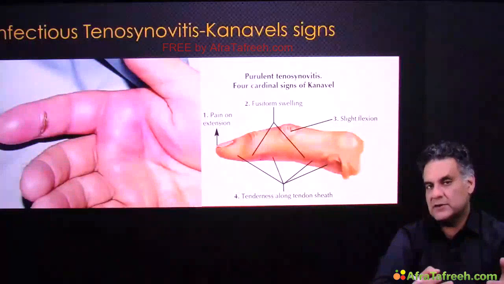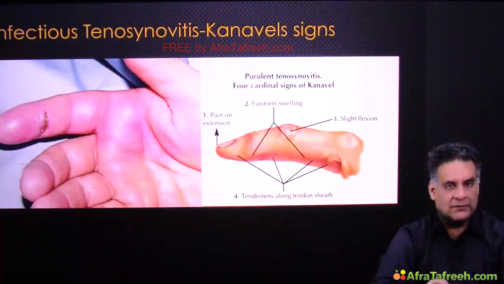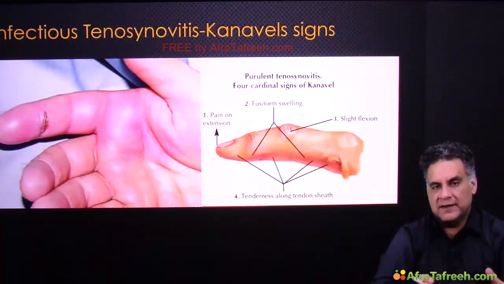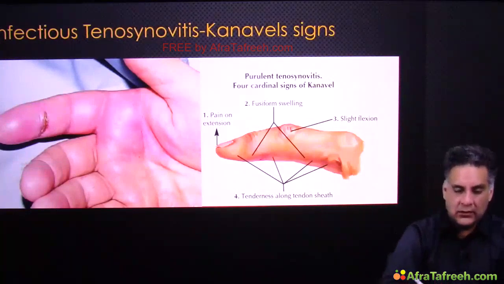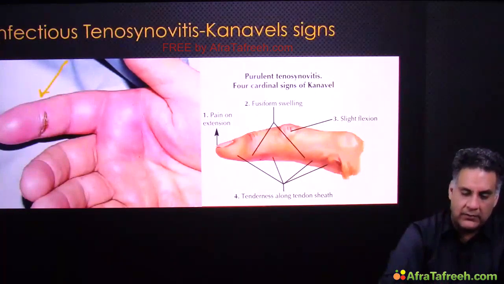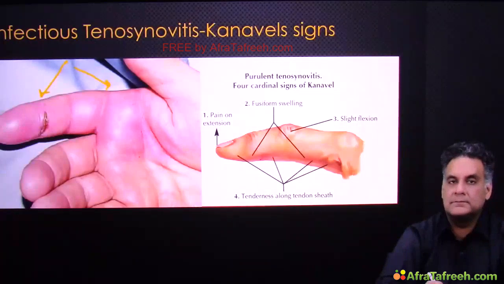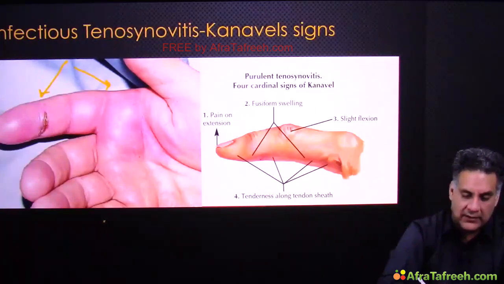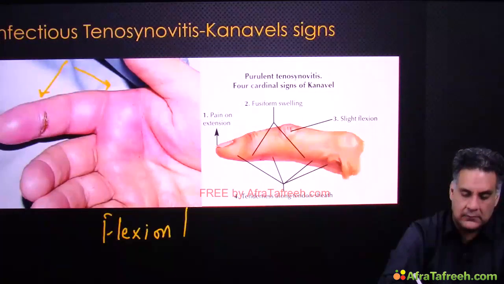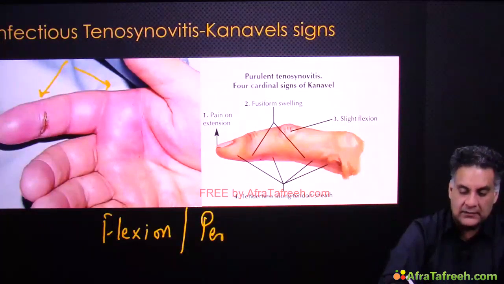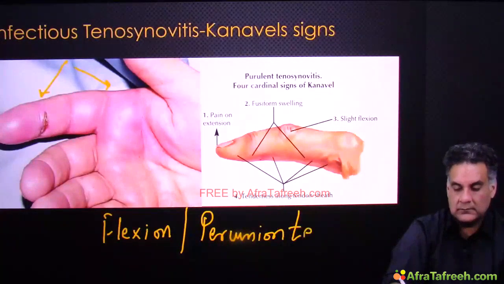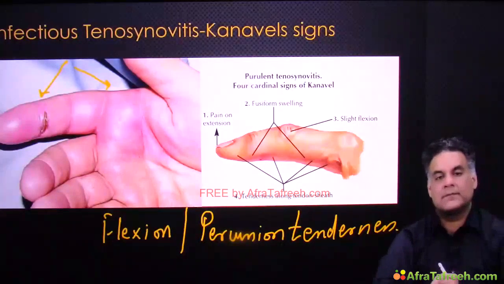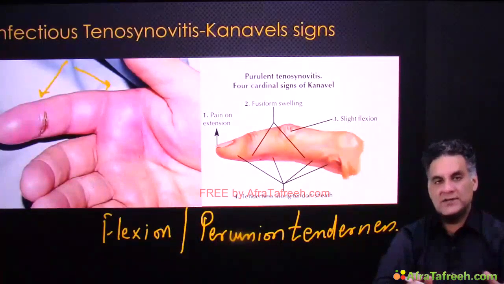The third infection of the hand, not as common as the first two, is infection of the flexor tendon sheath of the finger, causing uniform swelling of the finger, flexion of the finger, percussion tenderness, and pain on stretch.